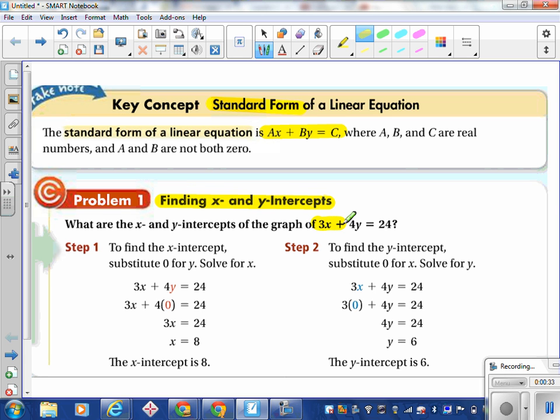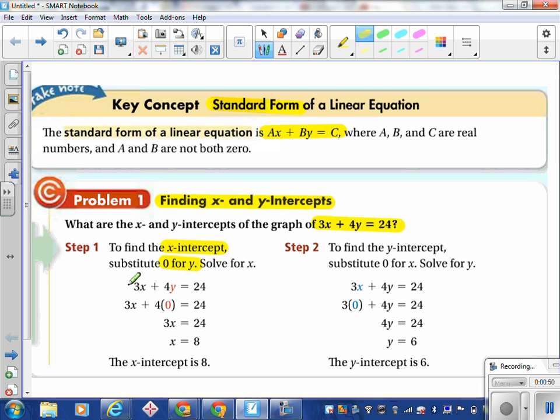Given the equation 3x plus 4y equals 24, in order to find the x-intercept, we need to substitute 0 for y.